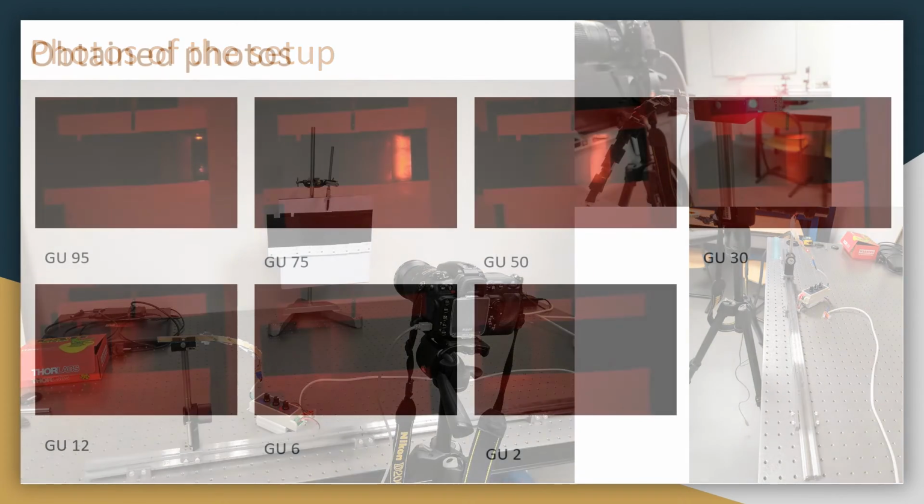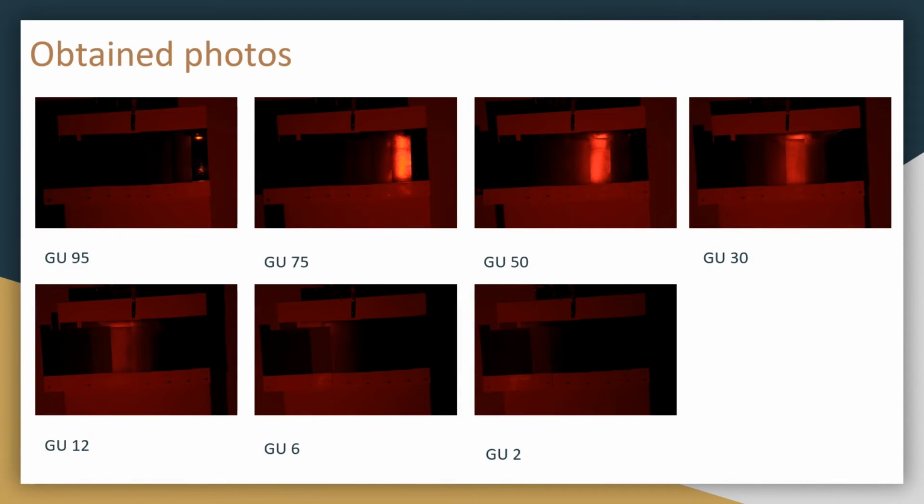Then we take a photo at each step of 1 centimeter, and we get around 70 photos. But all these photos are in red, so we extract the red channel of each photo because it is the most interesting part of the photo, especially as the green and blue channels are not equal to 0.